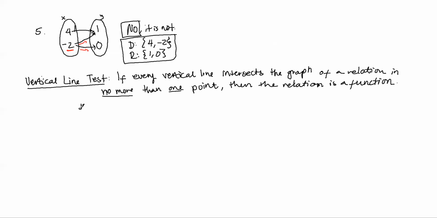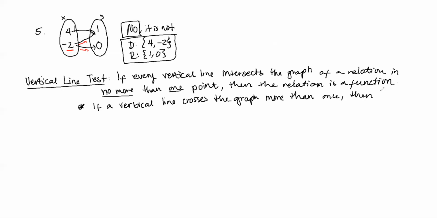The way I like to think of this is that if a vertical line crosses the graph more than once, then the relation is not a function.